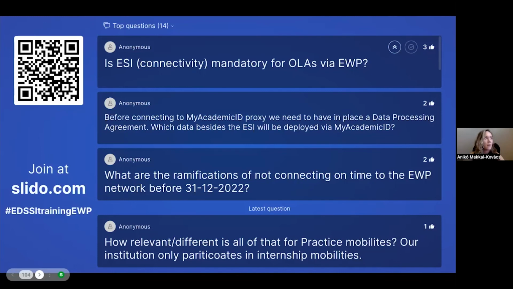It's like, is it important to add yeast to the dough of the bread? Well, you can make bread without yeast, but then it's going to be flat. It's somehow similar with the ESI. I hope I answered the question.